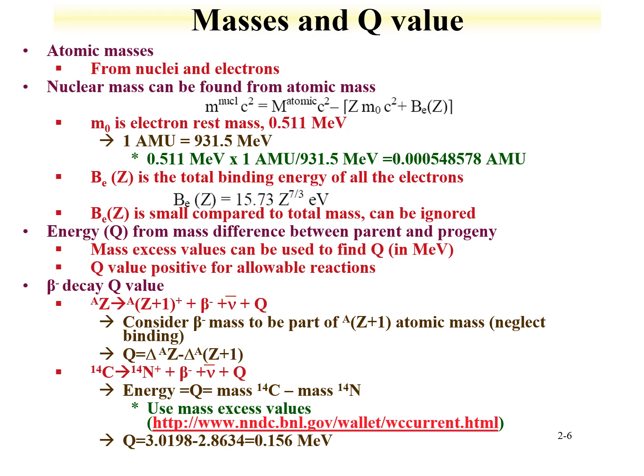The total binding energy of all electrons can be given by this equation, where the binding energy is equal to 15 Z to the 7/3, where Z is the number of protons, in eV. As an example, with uranium, a Z of 92, the binding energy is half an MeV for the electrons in uranium. So a small number.